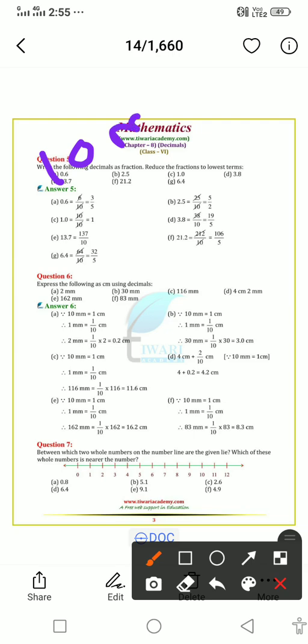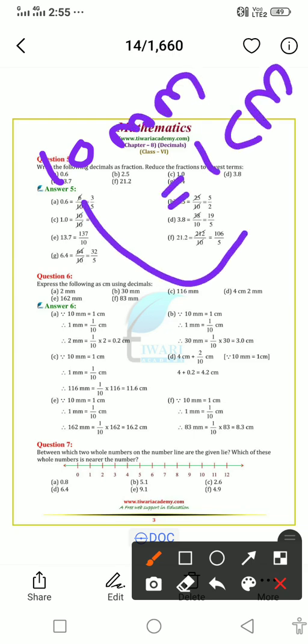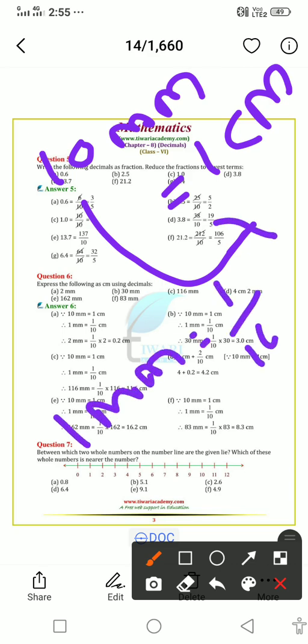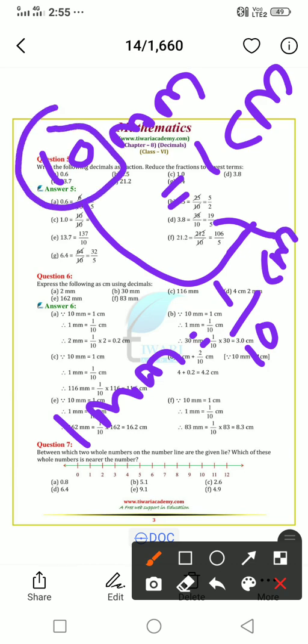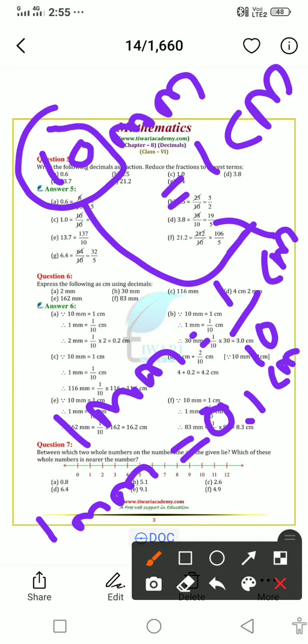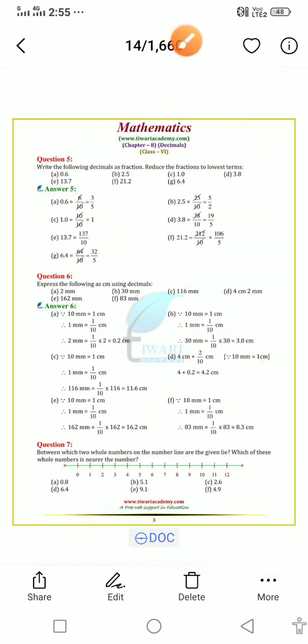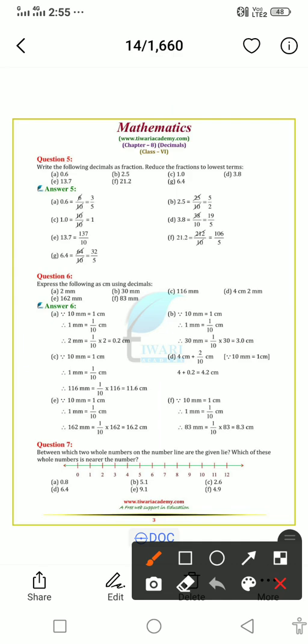If we convert 10 here, then 1 millimeter is equal to 1 by 10 centimeter, because it is here in the multiplication. So on other side that should be in denominator. So 1 millimeter is equal to, we can write fraction as a decimal, 0.1 centimeter. Yes or no? So this is the same answer is here.